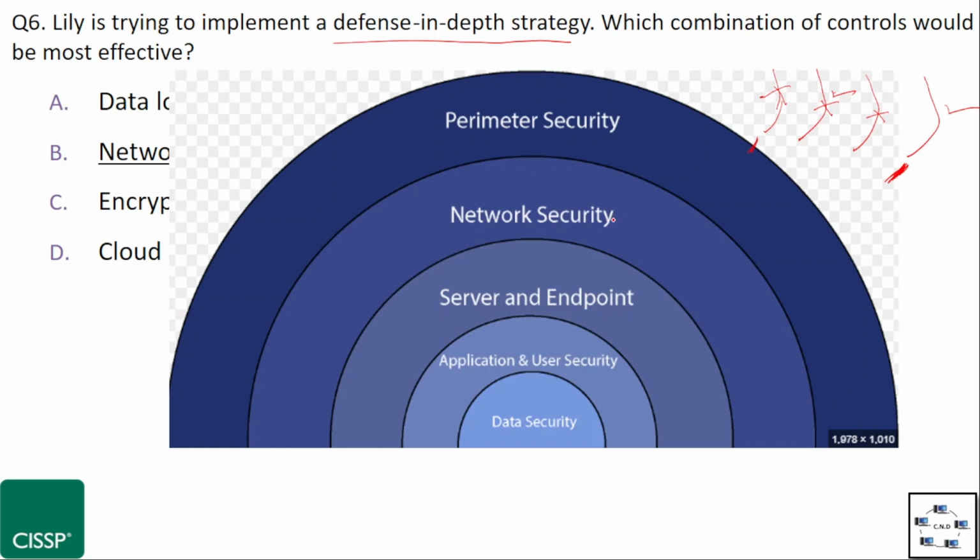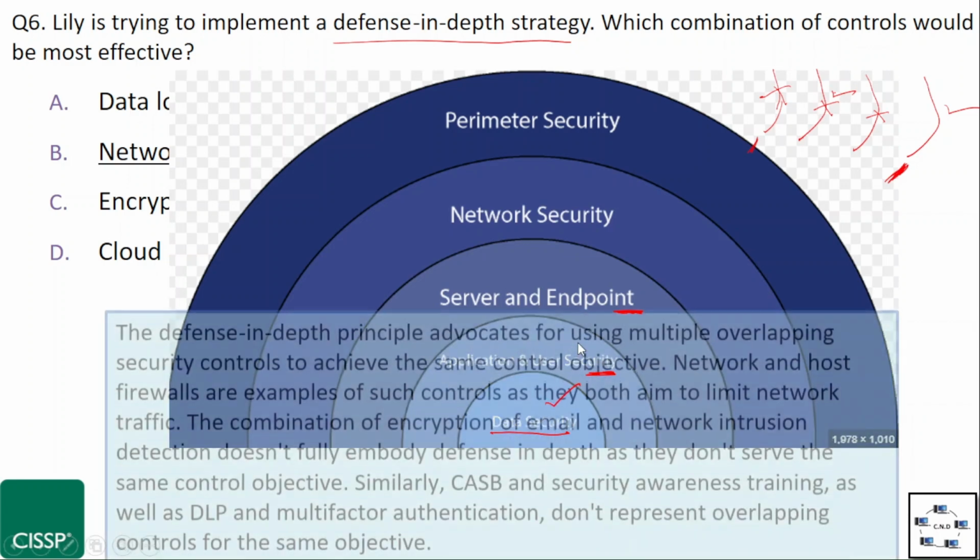Then the network security, which may also have an additional firewall in addition to the perimeter security firewall. Then the server and the endpoints, where the host firewall will be installed. After the host, we have the application and user security, user accounts. And at the last, we have the most precious of all, the data security. We may also have security controls applied over here as well.